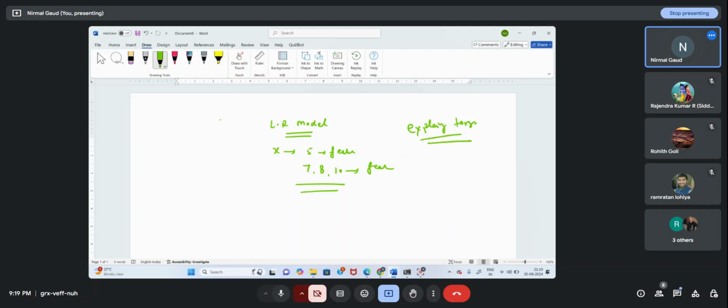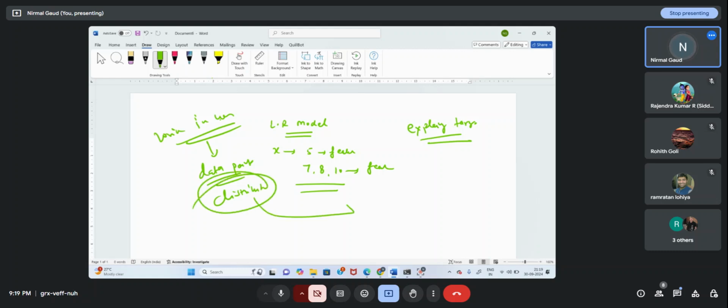And target explanation is not that you have to write something in words, no. It tells about the data points distribution, and it is somehow related to your MSE, mean square error. That means error should be less.